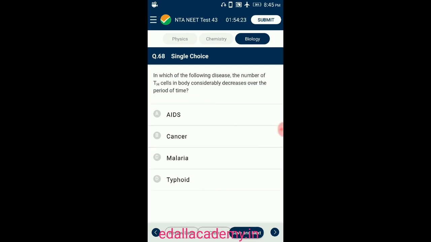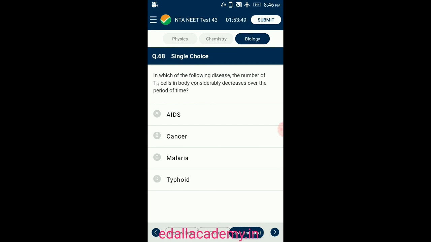Question number 68. In which of the following does the number of T4 cells considerably decrease over a period of time? Among all infectious diseases, HIV infection or AIDS is the most dangerous and fatal disease. There is no treatment or cure for this disease and prevention is the best option.